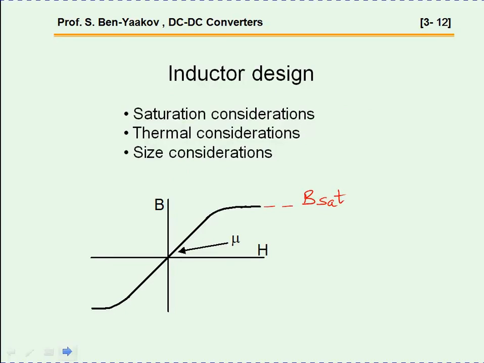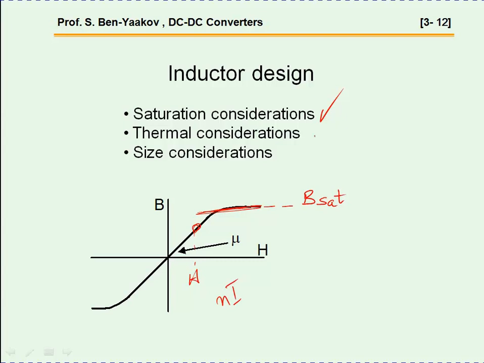Now, if we go to the actual design of an inductor, what are the considerations we have to take into account? Number one is the saturation problem. We don't want to move into here. We like to stay, say, here as high as we can, because we want to be able to work at high magnetic field, that is high NI, high currents.